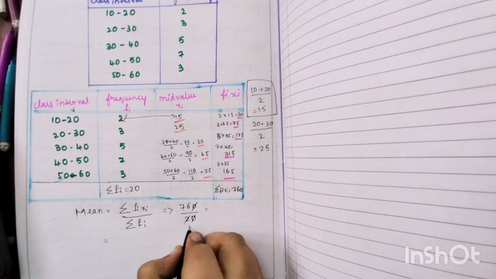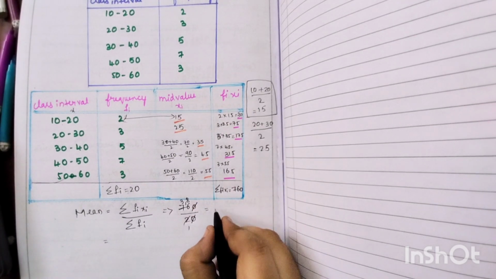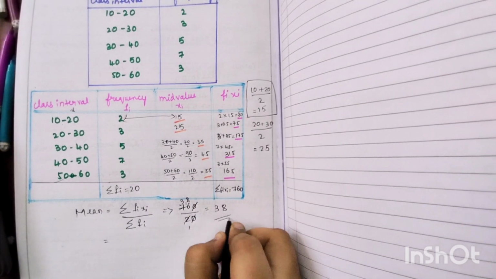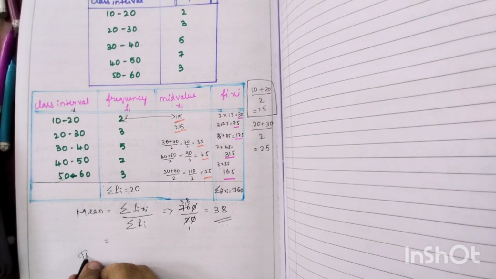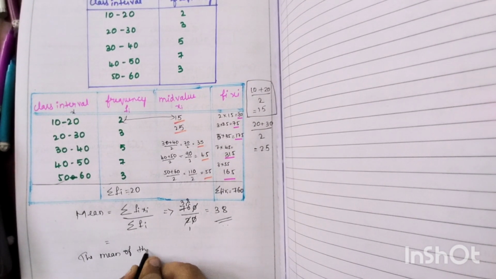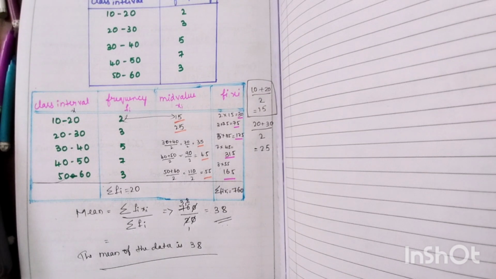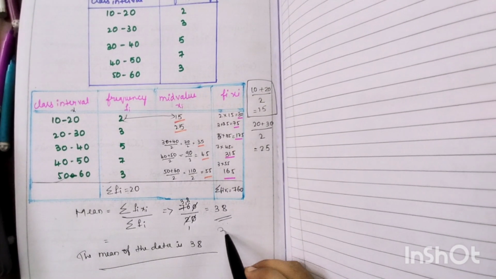So 2 ones are, 2 threes are, 2 eights are. So we'll get 38 as a mean. So the mean of the data is 38. So this was very simple to understand, and you will get 3 marks for this.